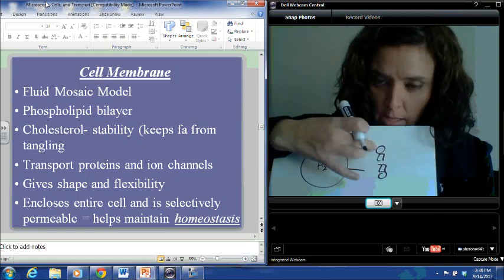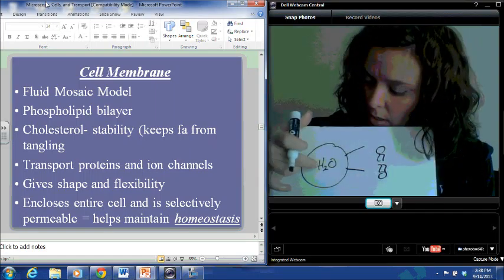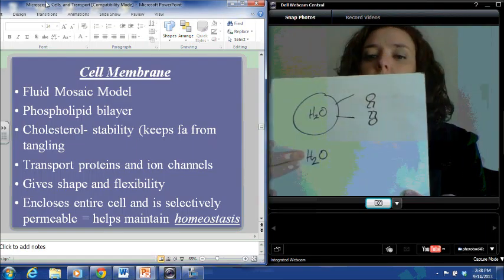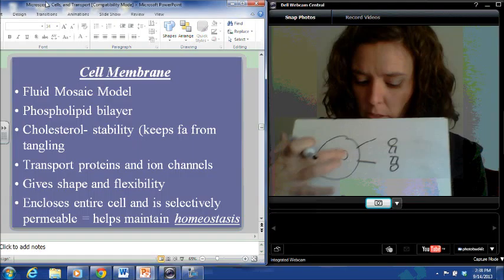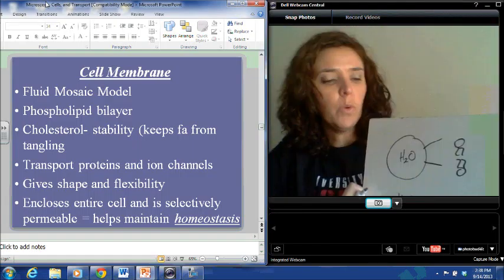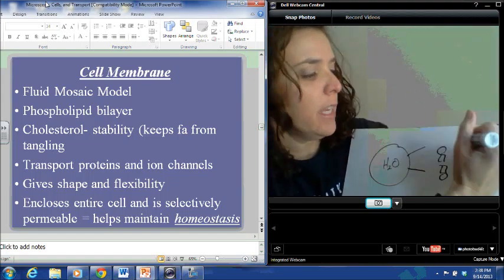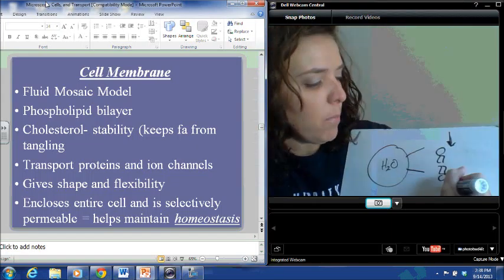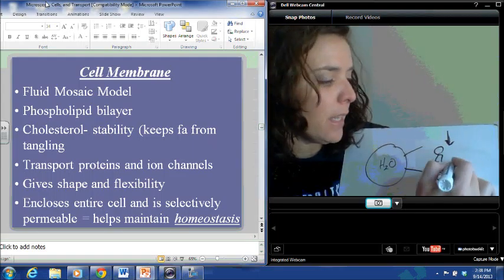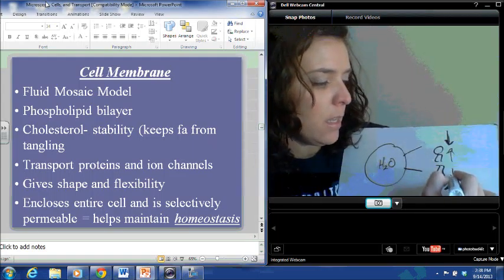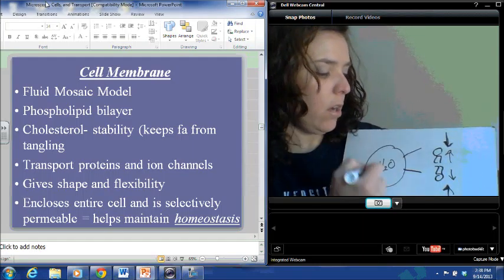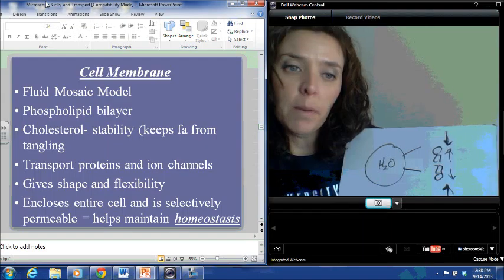The heads are always oriented either inside towards the water or outside towards the water, and the tails are always hidden inside the membrane. It's an important structure so that the water can be brought in towards the membrane, but the lipid tails push it away. That helps maintain this barrier all around the cell membrane.